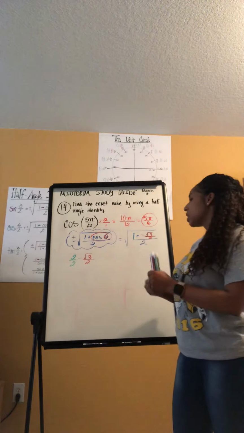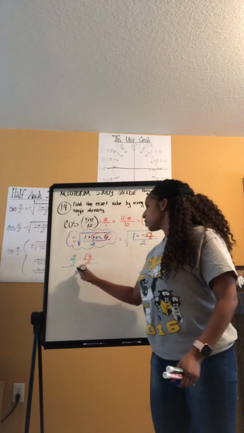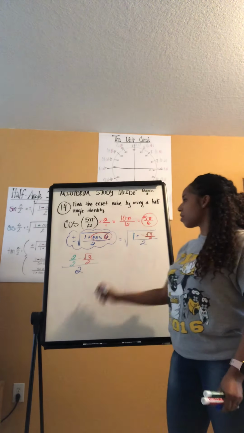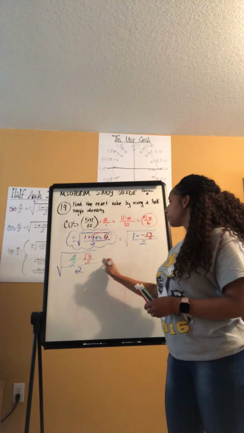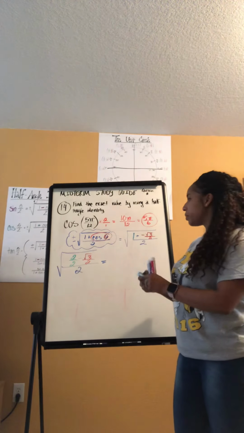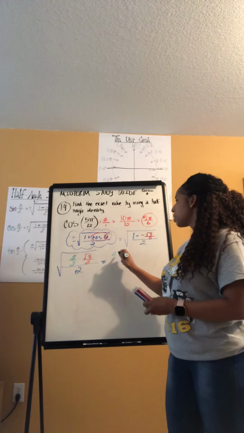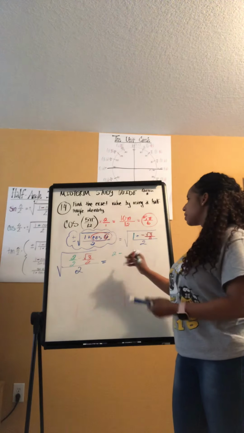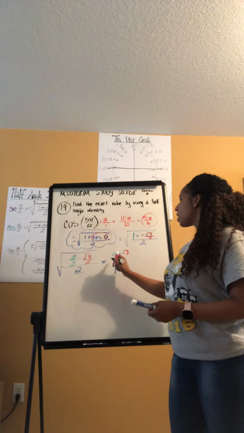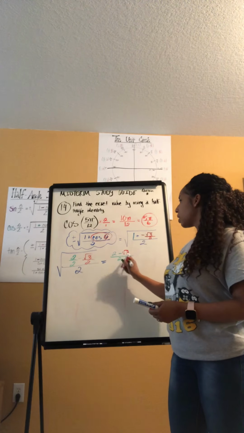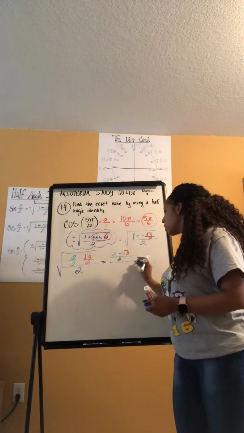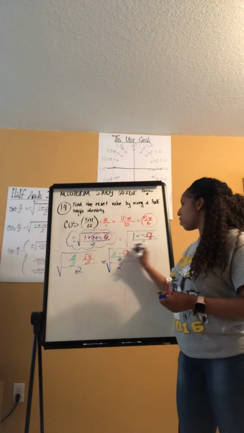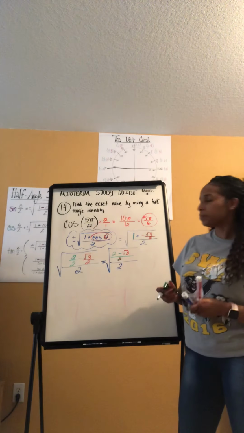All of this is still over 2, right? And all of this is still underneath the square root. Okay? So the numerator becomes 2 minus the square root of 3, and they're both over 2. And then I have my denominator, the blue 2, and they're all under the square root.